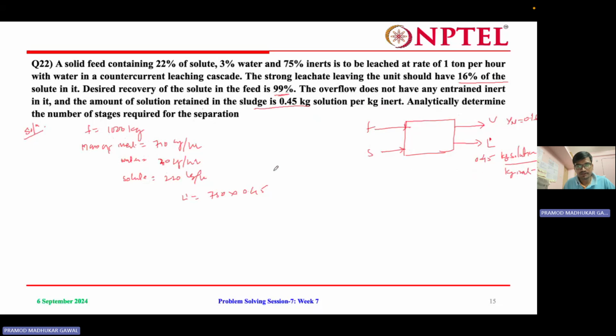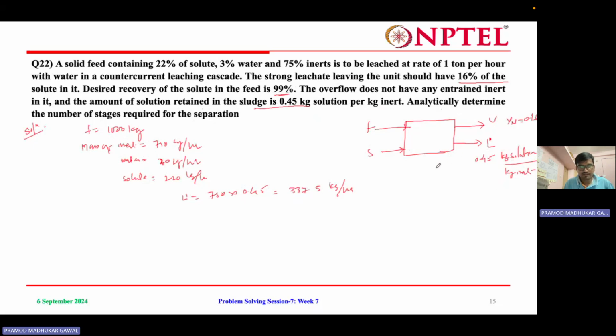So kg inert cancels. So that's 337.5 kg per hour. This is the solution leaving with the inert, that's the L dash.